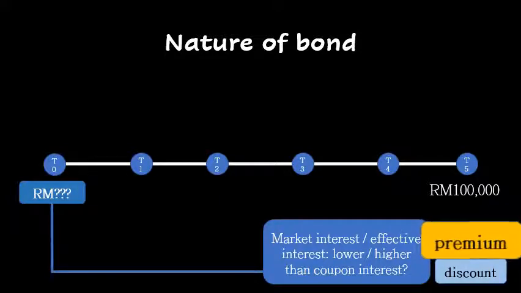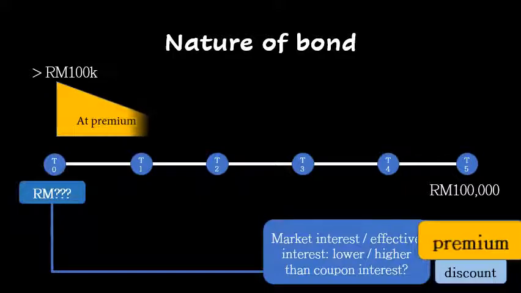Thus, if we were to issue at premium, we will start with a value more than the nominal value, in this case more than 100,000 ringgit, and throughout the bond period, we expect the amortized cost table will show us a reduction in the value from more than 100,000 to its nominal value of 100,000 ringgit.